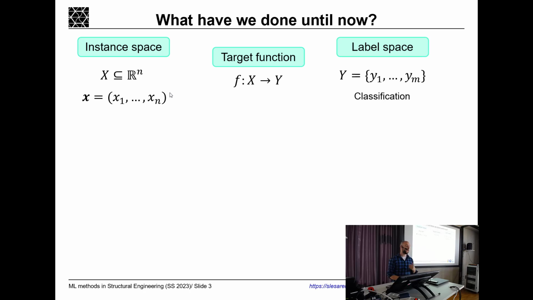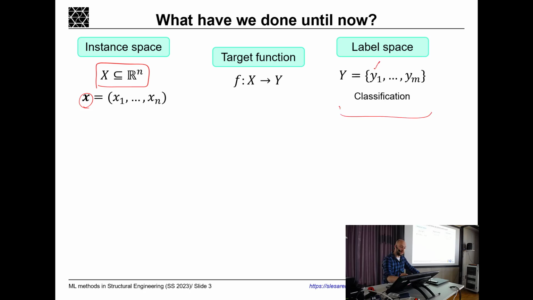We have the instance space where our objects live. This is one of the objects, let's say having n coordinates, or it can be an image, and we have quite a lot of pixel values there. Let's imagine that we live in some sort of R^n space. We also usually have a label space.